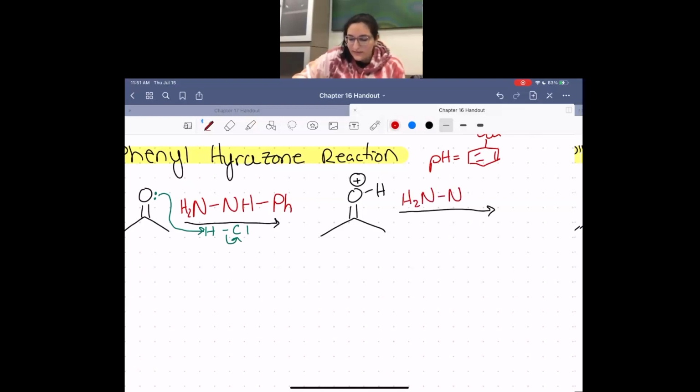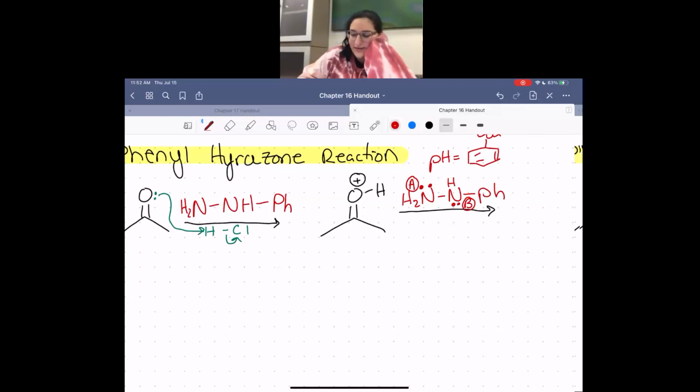We're going to find out which of these nitrogens will be the nucleophile. So we can say nitrogen A or nitrogen B. What do we think? Which one will act like a nucleophile? We got one person that says A. A, cool.